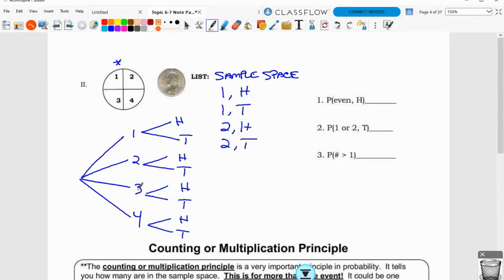Follow the branches. 3 with heads, 3 with tails, 4 with heads, and finally 4 with tails on the coin. Count them all up. I like to put my number: 1, 2, 3, 4, 5, 6, 7, 8 possible outcomes when you spin that spinner and when you flip the coin.